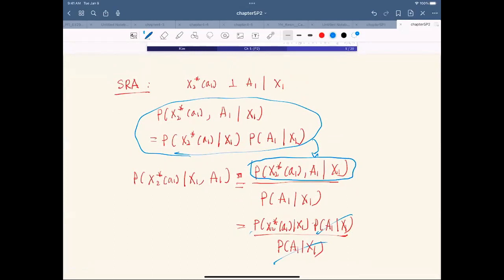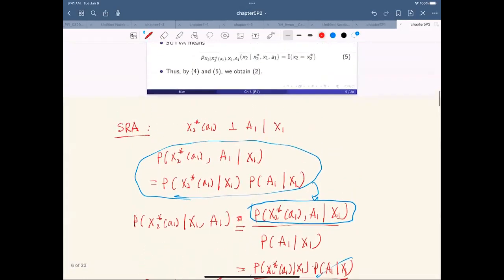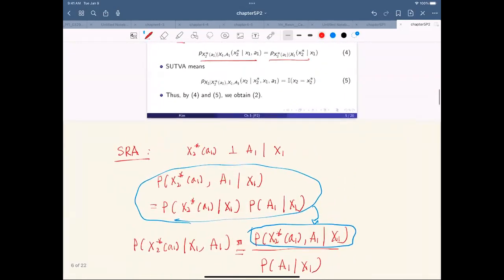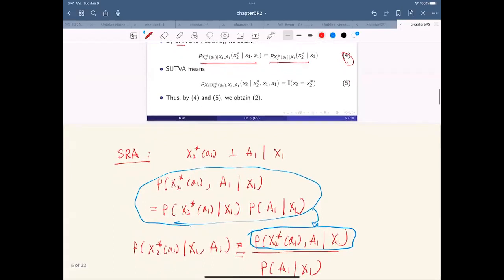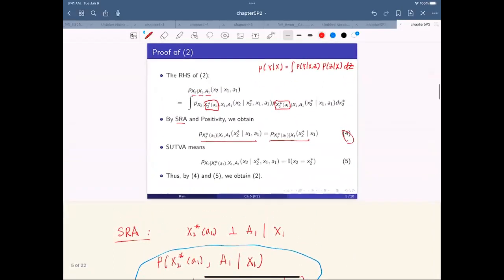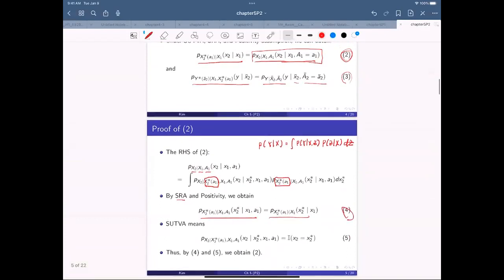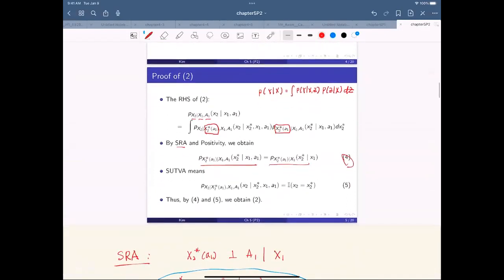That proves 4, which basically means that this is equal to this one, and so we can write it this way and put it here.